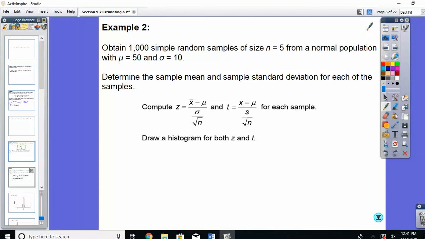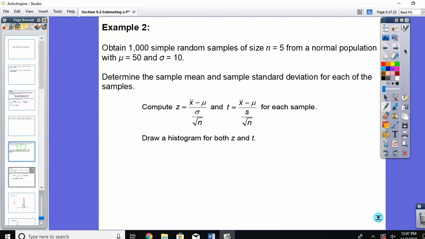The idea with Z is that it's based off sigma, the standard deviation of the whole population. T is based off s, the standard deviation of the sample. So the only difference between these is that Z uses the population standard deviation, and T uses the sample standard deviation.